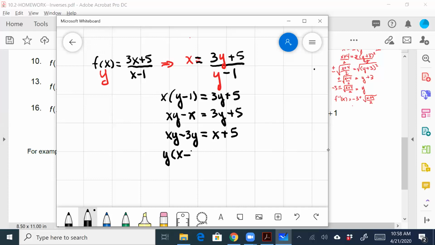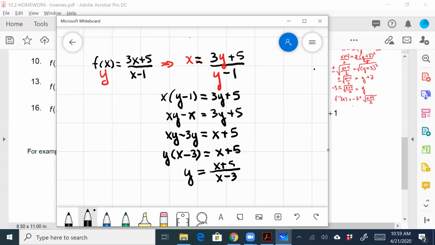Minus 3, parentheses, equals x plus 5. Can you see what the last step would be? Divide x minus 3 on both sides. Excellent. So I've got y equals x plus 5 over x minus 3.